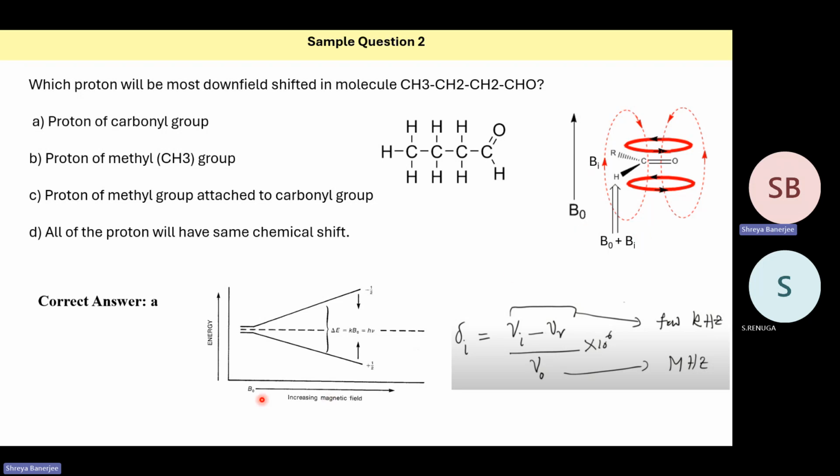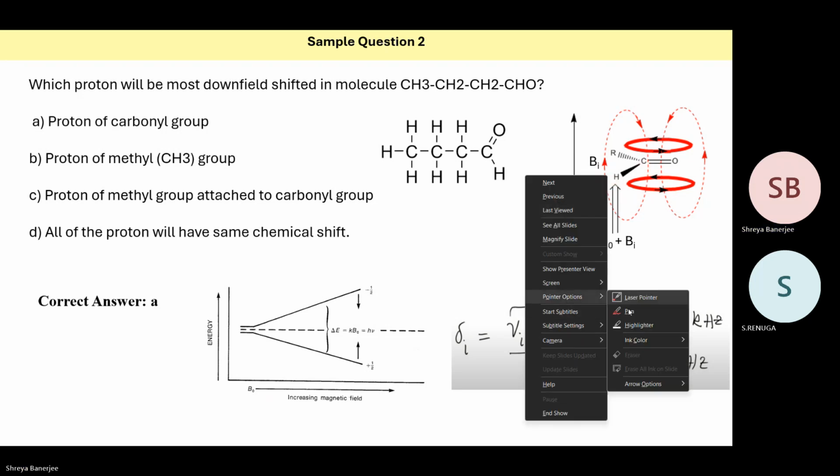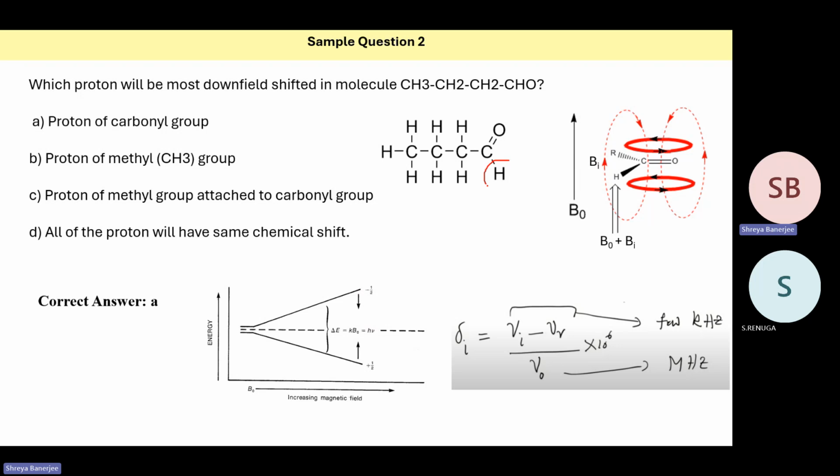And we know that as the net magnetic field increases, the energy difference between the alpha and beta state increases, which means the frequency increases. And if the frequency increases, the delta also increases. So for the hydrogen that is directly attached to C double bond O, the delta will be very high. Chemical shift will be very high.